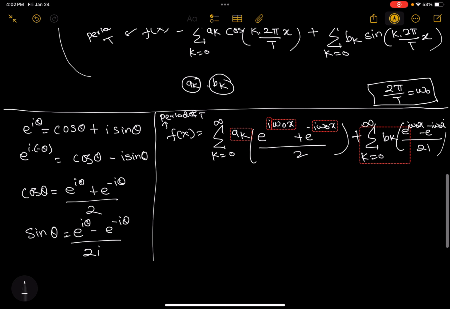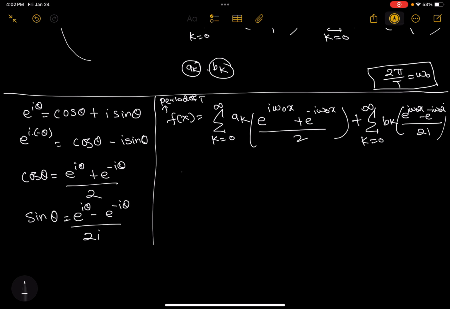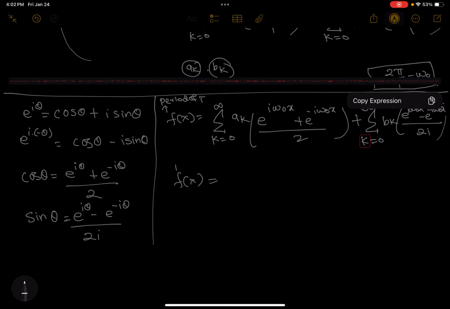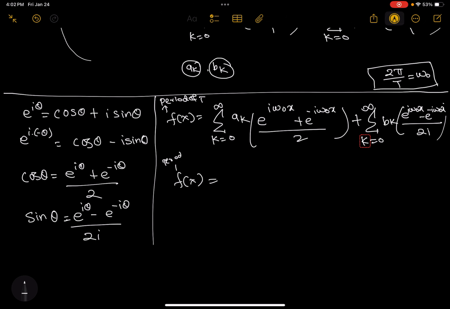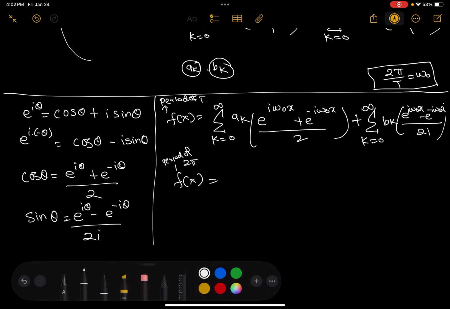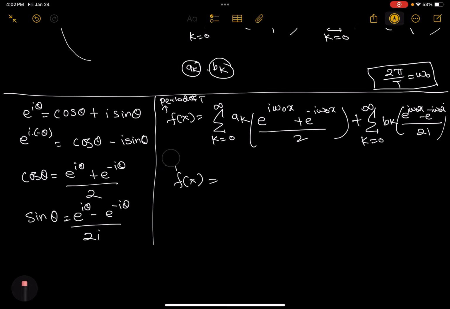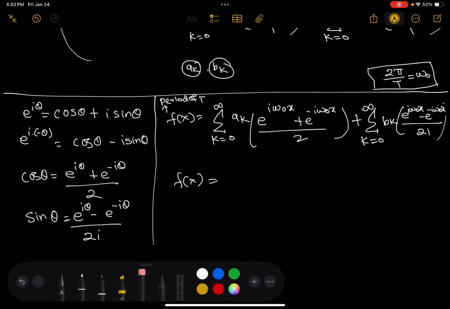Also notice that both of the sums go from k equals 0 to infinity, so we can merge them. So f of x, which again has period t, I don't think I need to mention that again and again from now on.